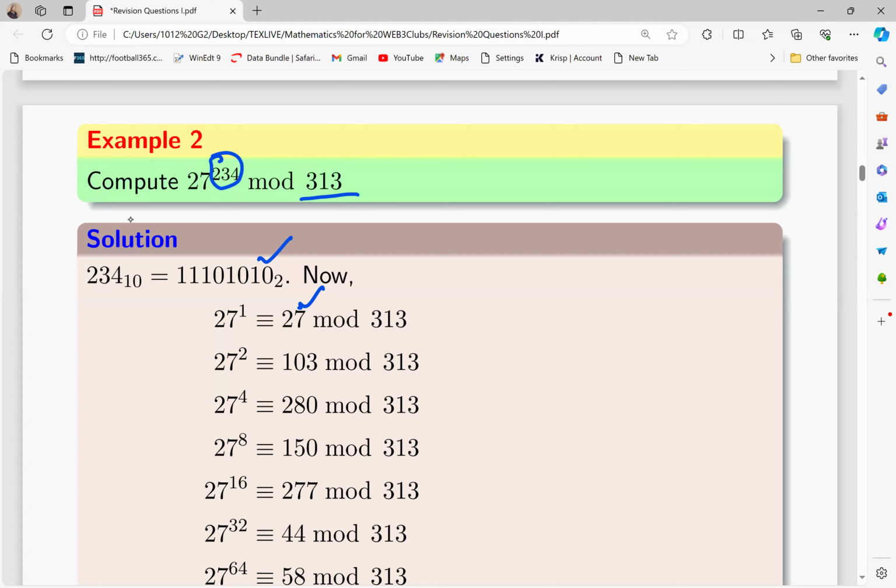I'm doing it mod 313. 27 raised to 2 is the same as squaring this, which gives us 103 mod 313, because it will be 27 times 27, the answer that you get divided by 313, and just write here the remainder. What do you get when you multiply 27 times 27?